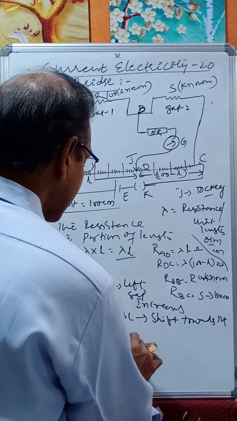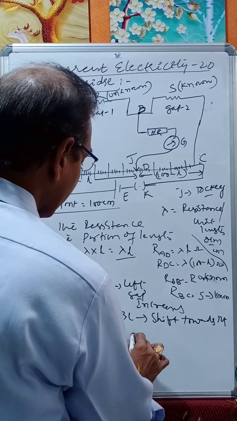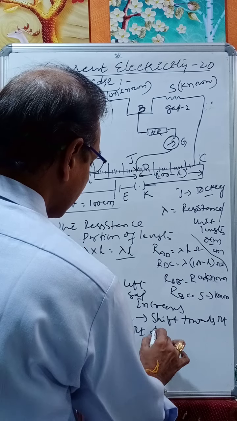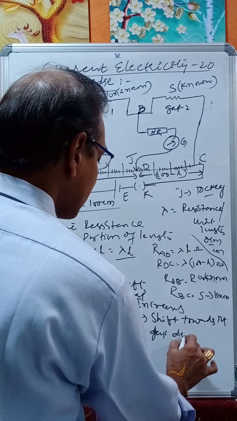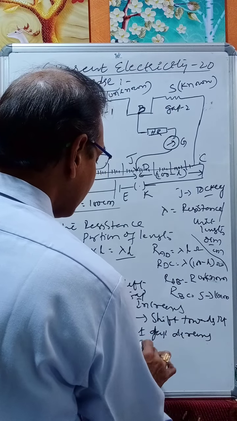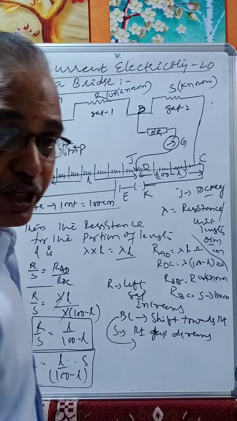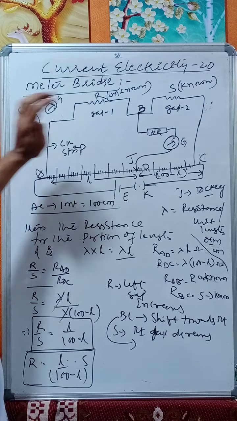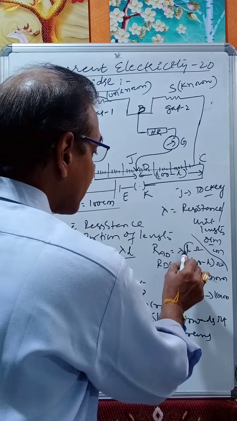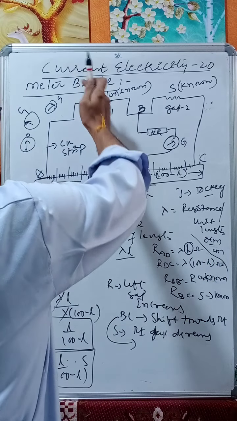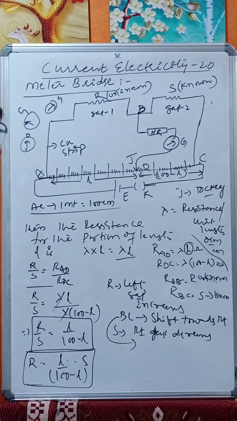Or if the resistance S in the right gap decreases, the balancing length also shifts towards the right. Because R is proportional to length, if the resistance increases, the length also increases.